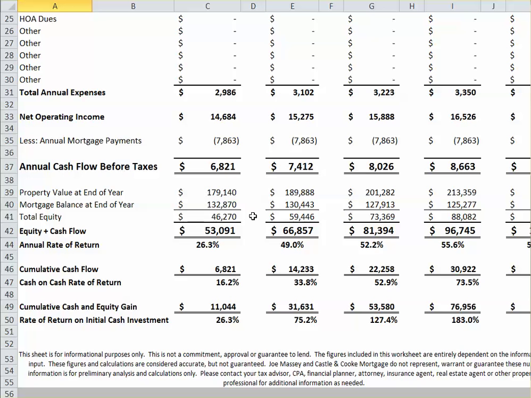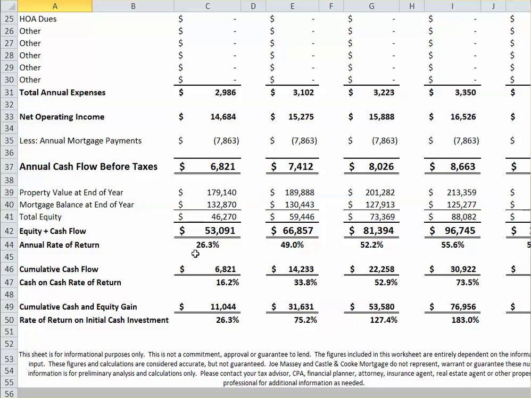Make sense? This is your total equity. Your equity plus your cash flow now equals $53,091. So you now have $53,091. Therefore, your annual rate of return on the money you put in was actually 26.3%.